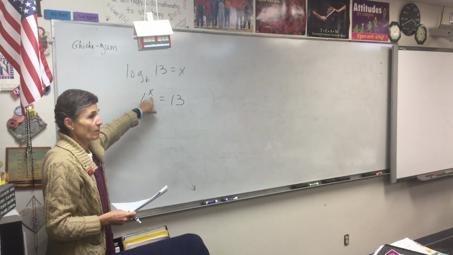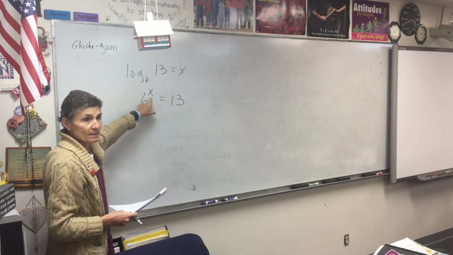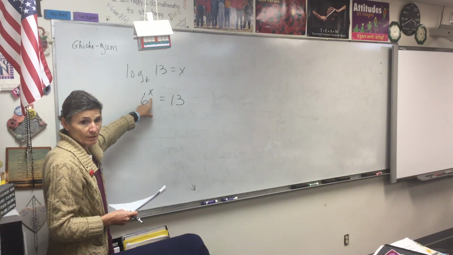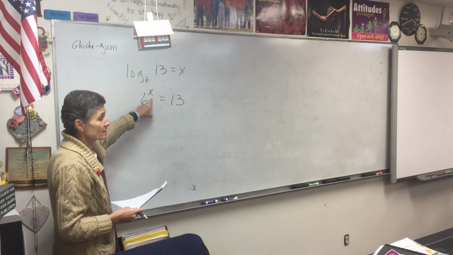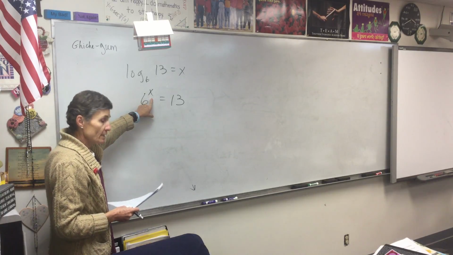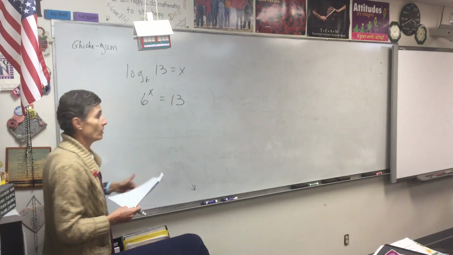Now look where the exponent, or where the variable is. The variable is an exponent. Whenever the variable is an exponent, you're going to need logarithms to solve the equation. Unless you can somehow get a common base, you're going to need logarithms.